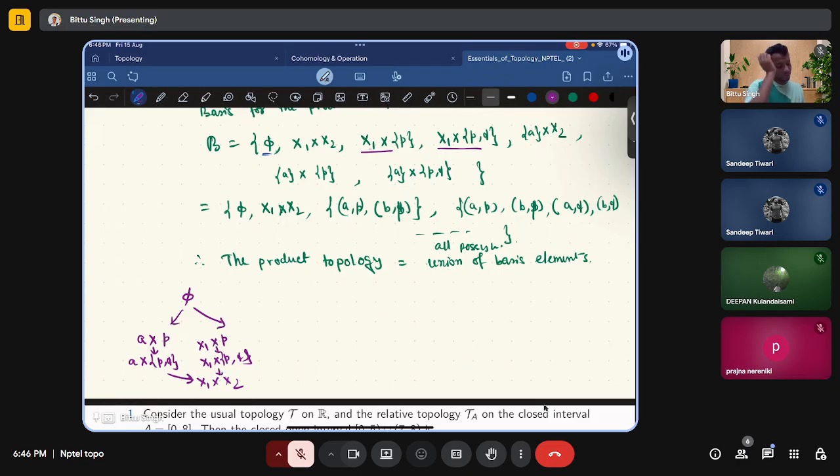Those are actually containment relations. So we need to take unions of all possible unions. So there are 1, 2, 3, 4, 5, 6, 7. I have written all those things. No, there is one element I have not written. x1 cross p, x1 cross pq, a cross x2. Okay, a cross x2 is not written, so a cross x2 will be under.